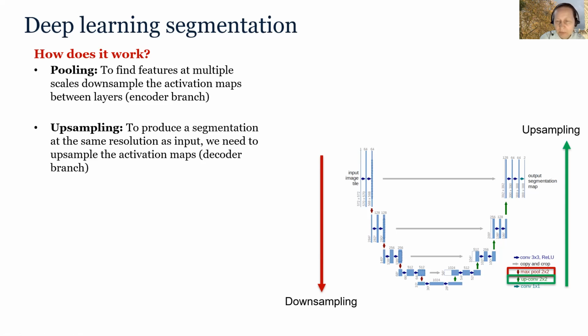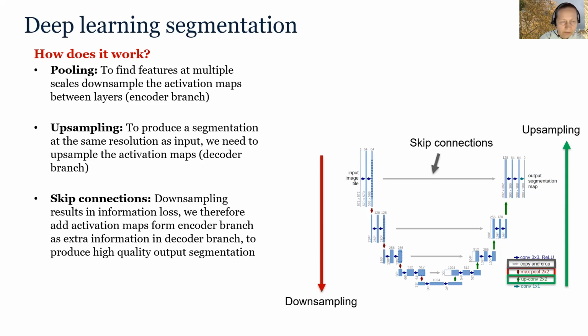That is a problem, because if we went up the branch without knowing anything about the high resolution image, the segmentations might not be very well adapted to the details of the image. So for that reason, we have a third type of element in this architecture called a skip connection. You can see one here, one here, one here, and one here.